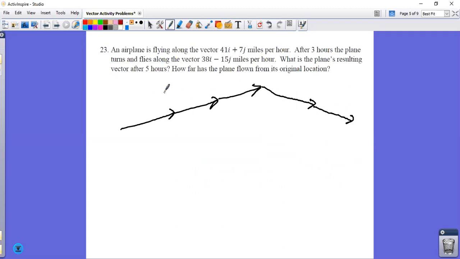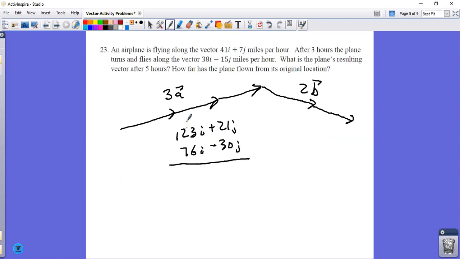So you have 3 of the beginning vector, the first vector, just call it A, plus 2 of that B vector to get the resulting vector. So 3 times 41, 123I plus 3 times 7 would be 21J. 2 of these would be 76I minus 30J.